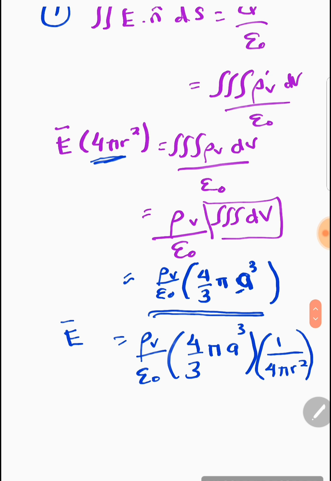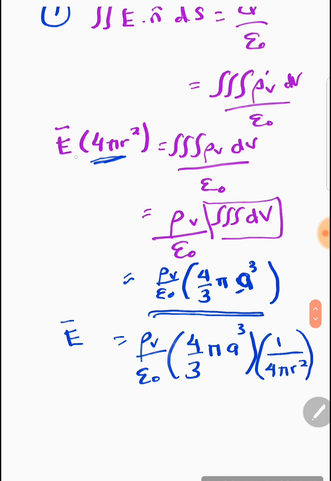In this case, you can see that the r cube can be simplified. And sorry, I forgot about this as well.